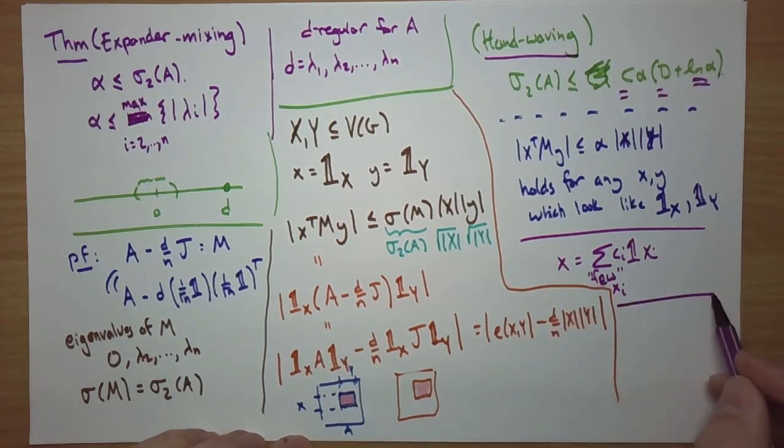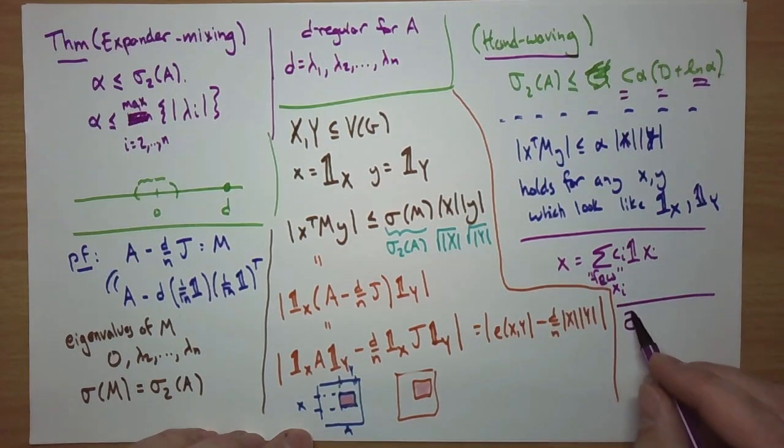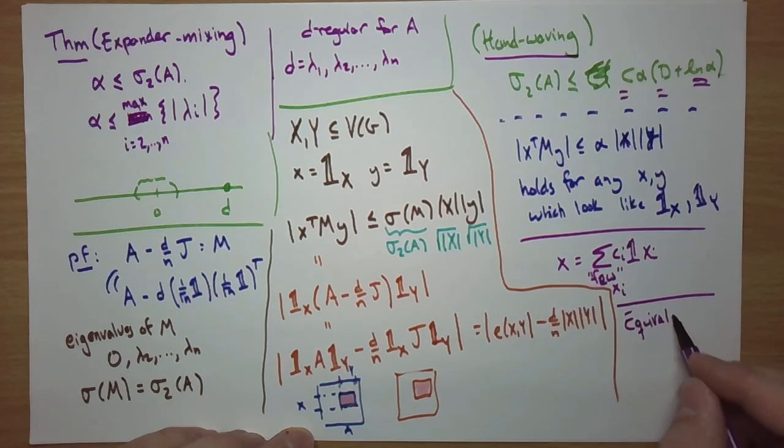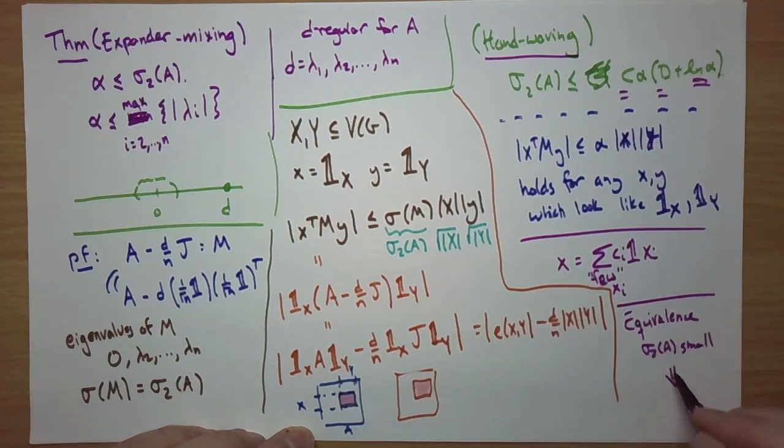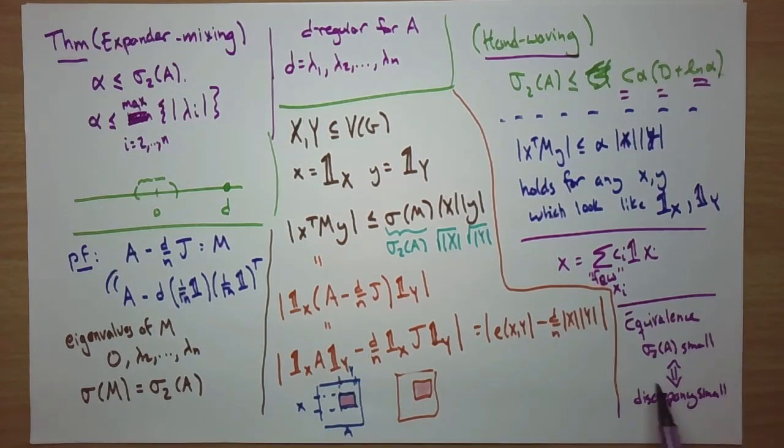So the punchline is there's this equivalence going on, which is to say sigma 2 of A is small if and only if discrepancy is small. So our eigenvalues are close to 0 if and only if our discrepancy is close to 0.